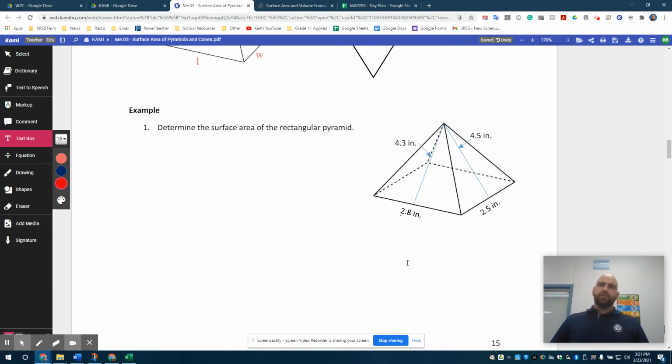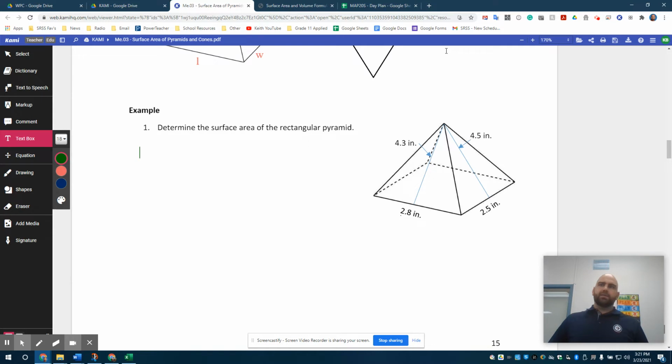So let's do an example of a rectangular based pyramid. You'll notice that this pyramid is dealing with a rectangle. It's 2.8 by 2.5. Looks very much like a square, but it is in fact a rectangle.